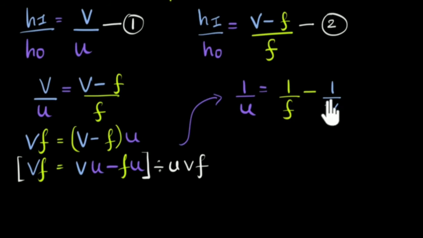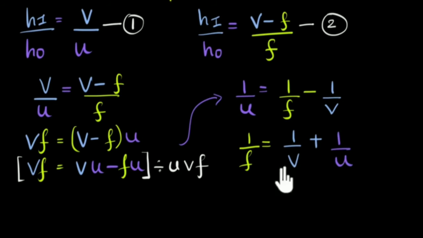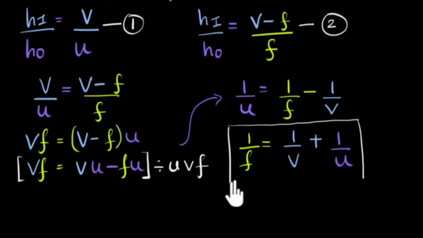And if we add 1 over v on both sides to make this look similar to the mirror equation, we can now write 1 over f equals 1 over v plus 1 over u. And there we have it. That is the equation that connects the focal length, the object distance, and the image distance.